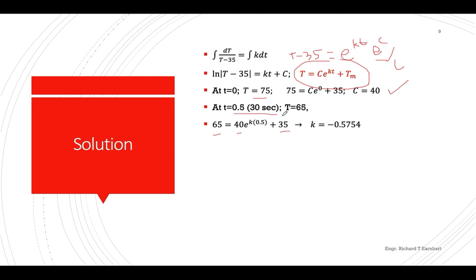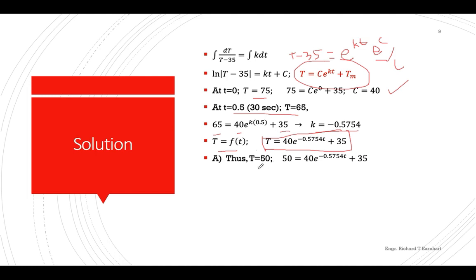So the second condition will always solve for the proportionality constant, and that gives you negative 0.5754. So this is a cooling problem. And then your T as a function of time will be this equation. At any time t, you can compute for the temperature T, or given the temperature T, you can compute for the time.